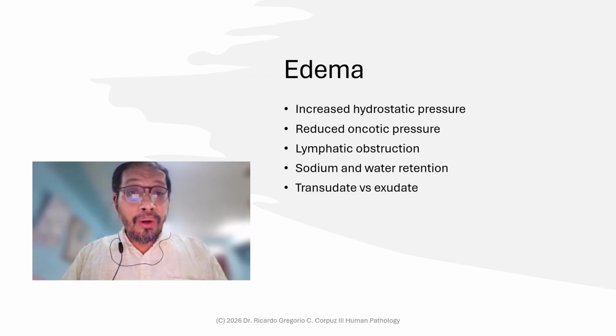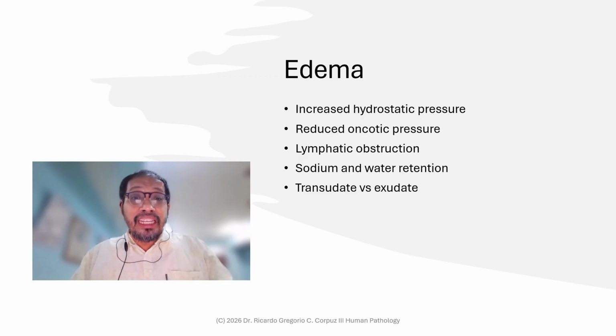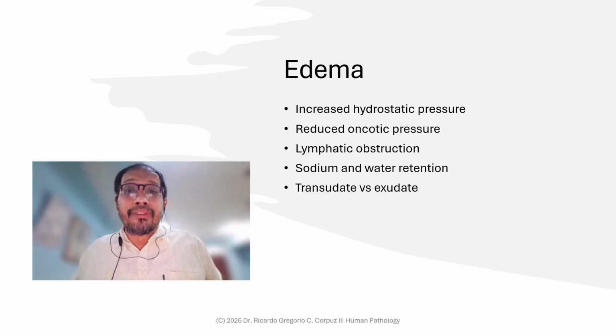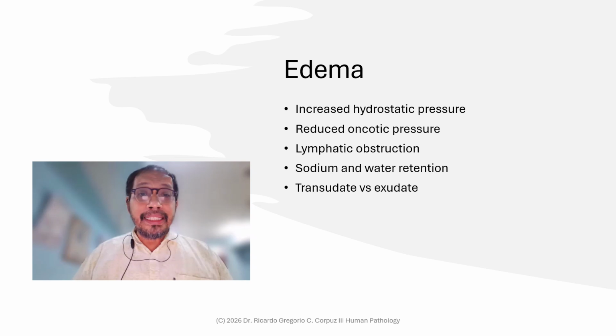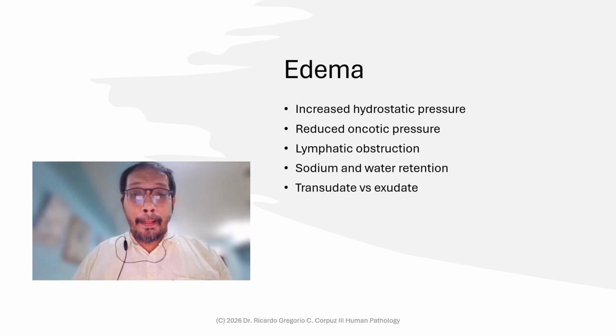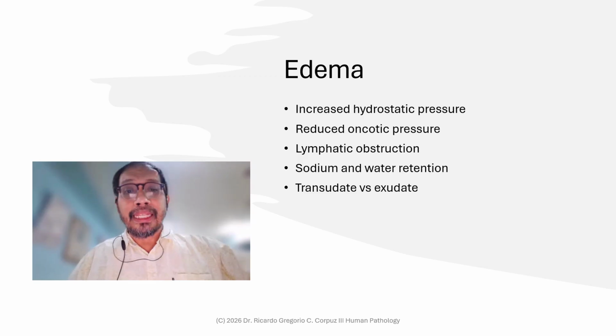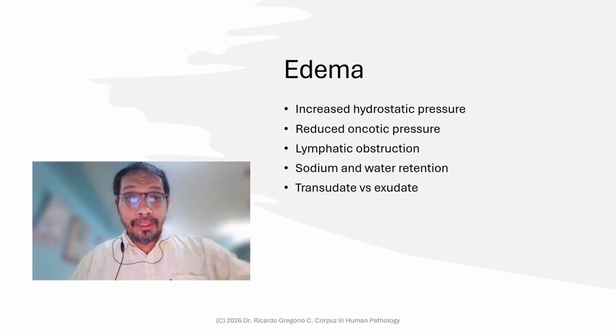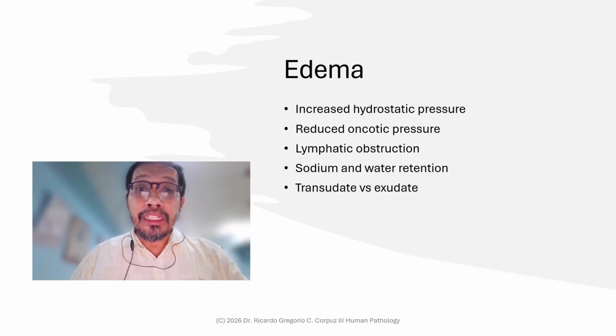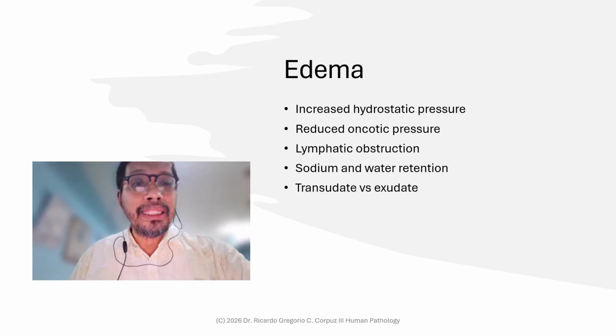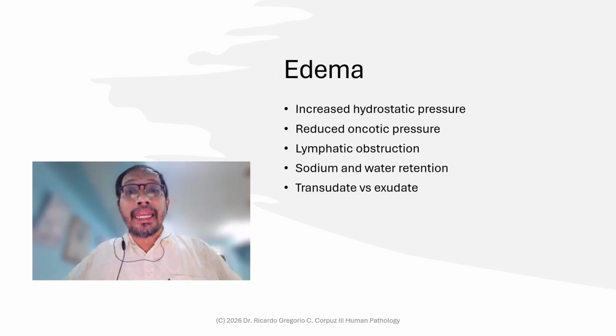Generalized edema or ascites, think of liver disease or nephrotic syndrome. Think of oncotic. Localized, non-pitting edema, think of lymphatic obstruction. So this mechanistic framework helps students interpret edema not just as a finding, but as a clue to the underlying disease process.